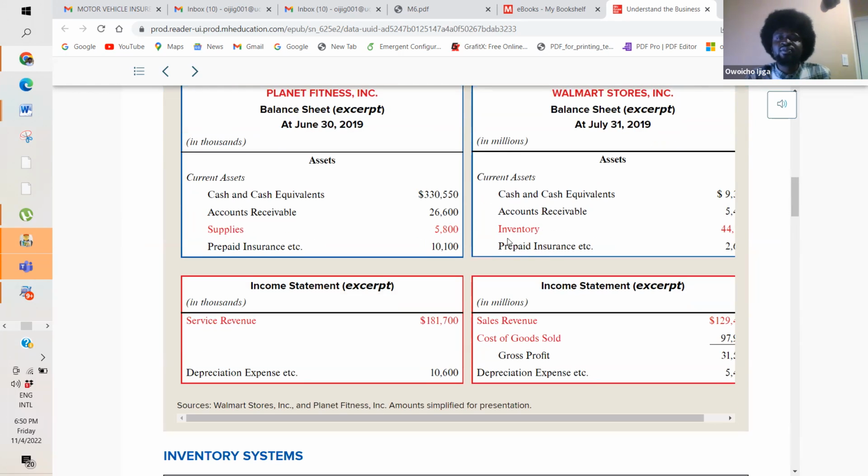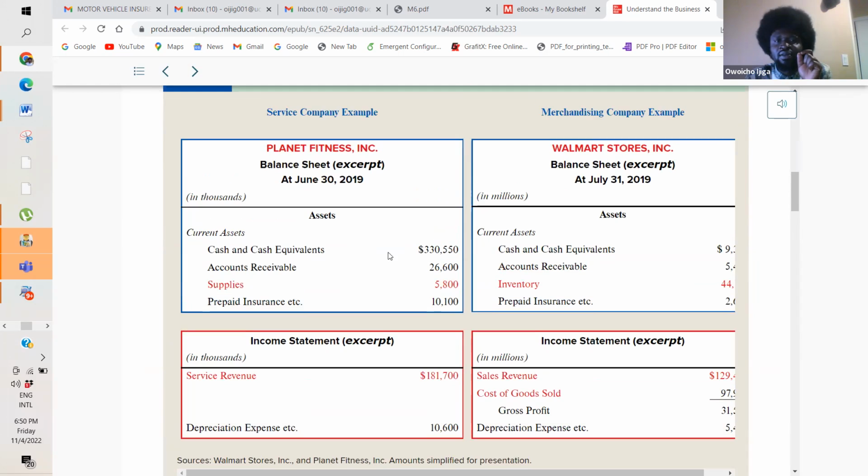Now, this is so because the service companies do not deal with inventories. Rather, they deal with services. But they may need supplies to run the organization.